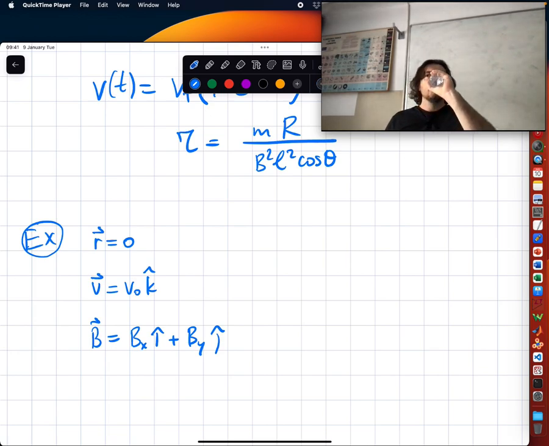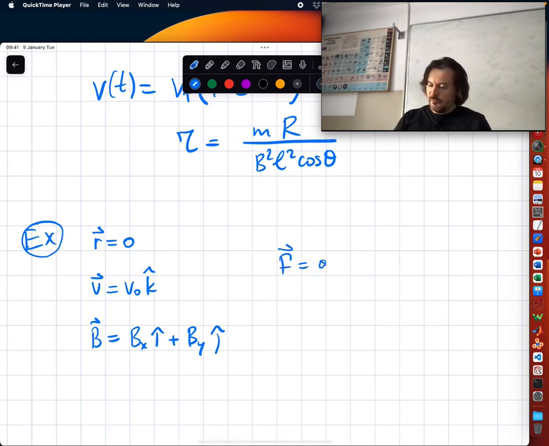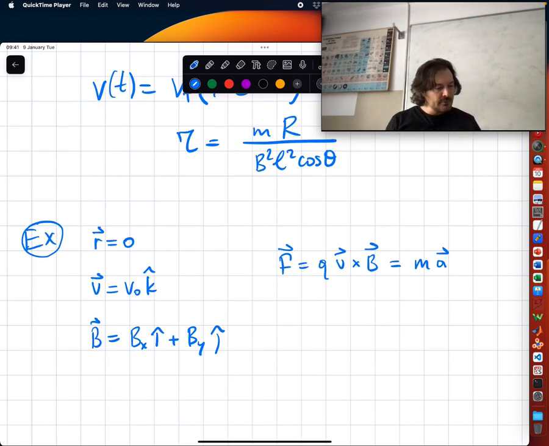F equals qv cross B, which equals ma, and we need the magnitude of a.